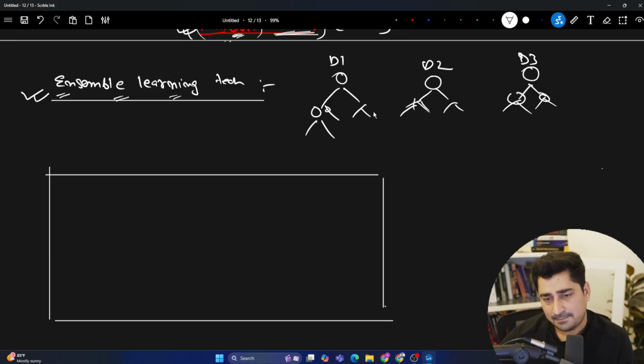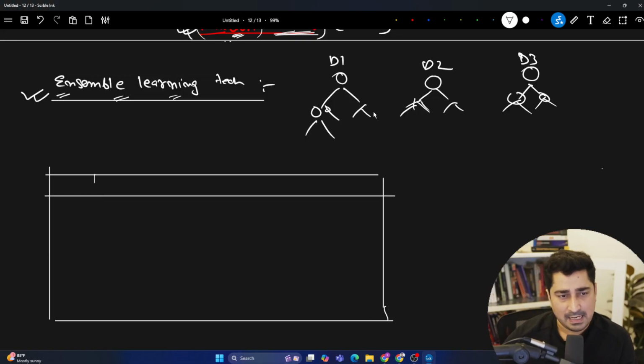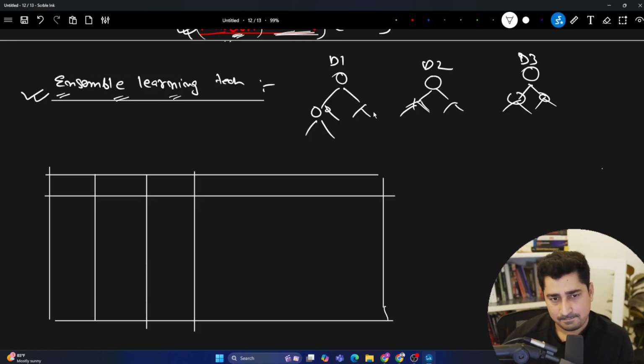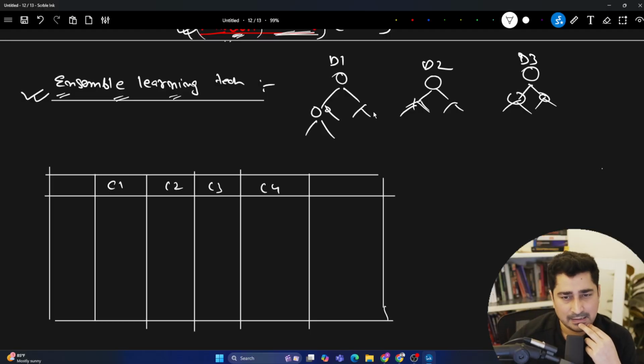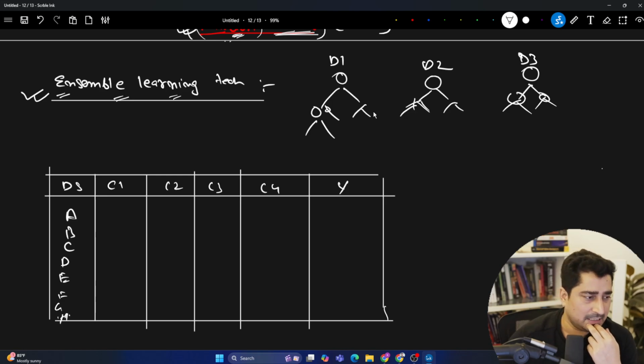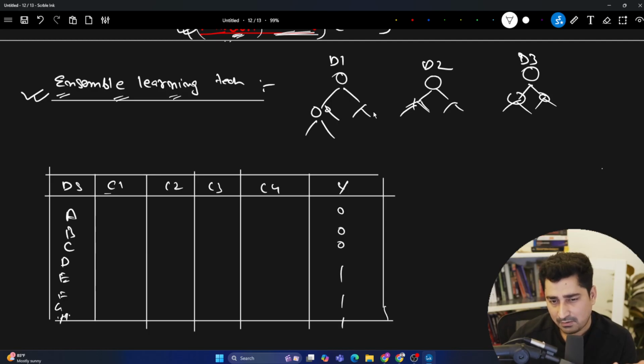Someone has given me data with multiple columns. Maybe we have column C1, column C2, column C3, column C4, and then Y. Then we have data samples, maybe sample A, B, C, D, E, F, G, H, and then some numbers in columns 1 to 6, and then classes, maybe 0, 0, 0, 1, 1, 1. Something like this, with numbers or categories.